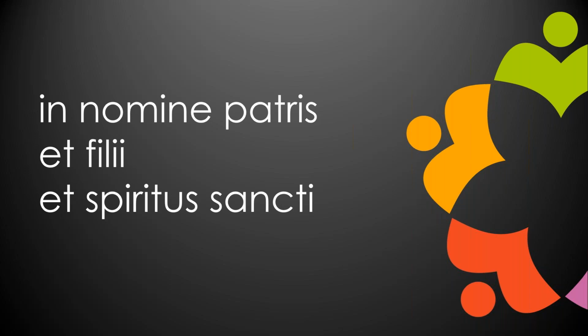Adjectives then have 3 declensions, and again, each of those 6 cases and singular and plural. Verbs have 4 conjugations and 3 persons: first, second, third person, singular and plural.